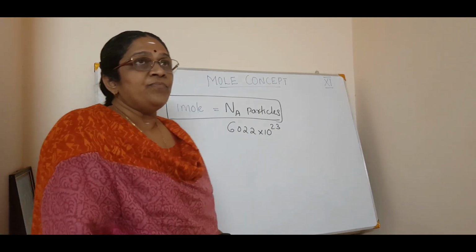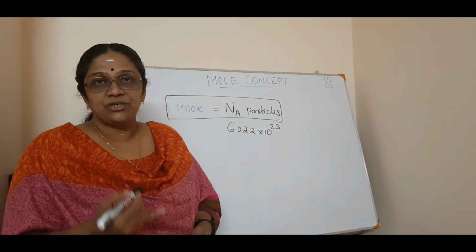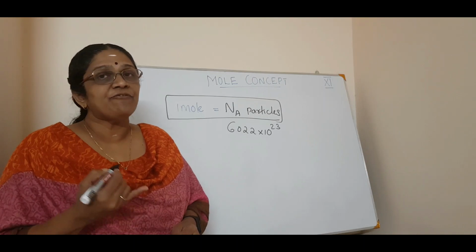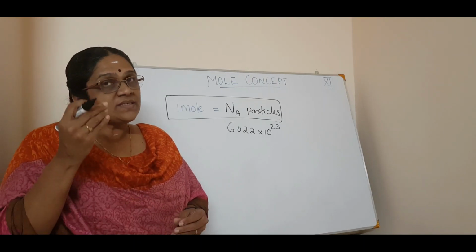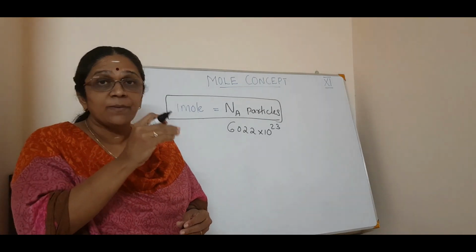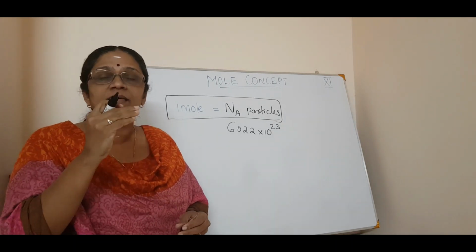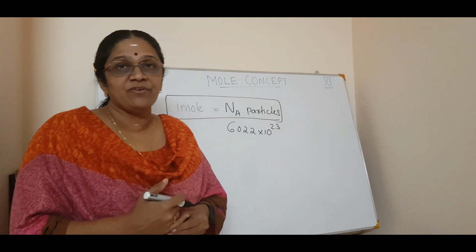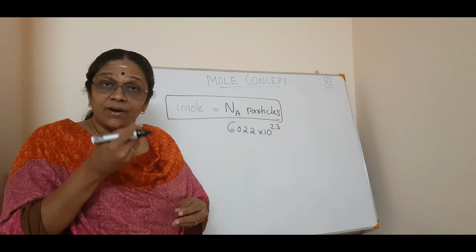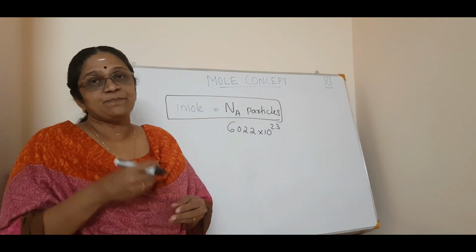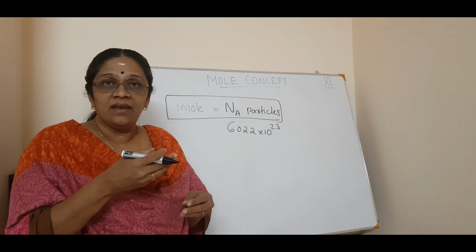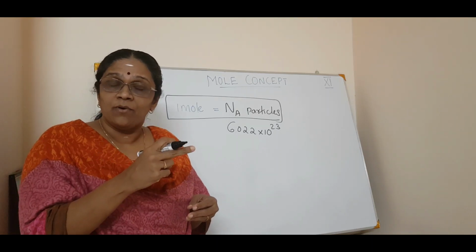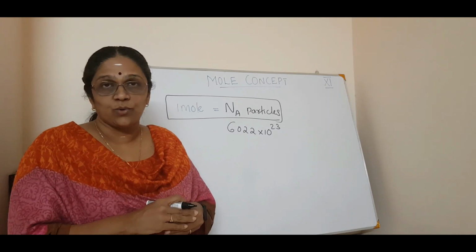Okay. Now, you also studied the definition of a mole in 9th standard. What is the definition? We define the mole in terms of the carbon-12 isotope. And what was the definition? It is the number of particles which is present exactly in one atom of a carbon-12 isotope. Isn't it?